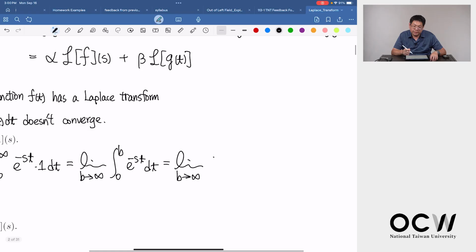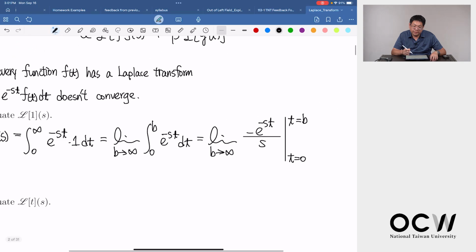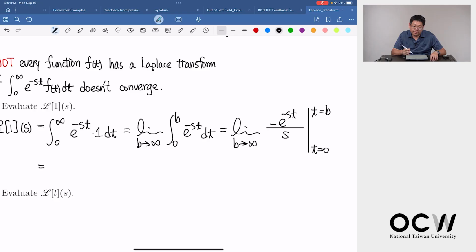Then you have minus e to the minus st divided by s, t from 0 to b. Then you get minus e to the minus sb plus 1, divided by s. We get 1 over s, s greater than 0.